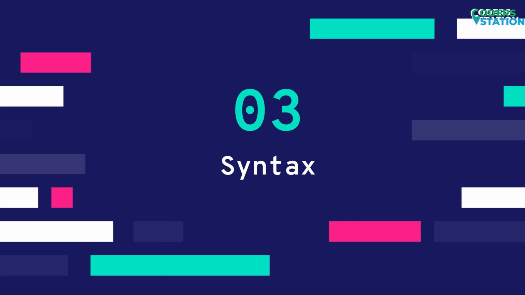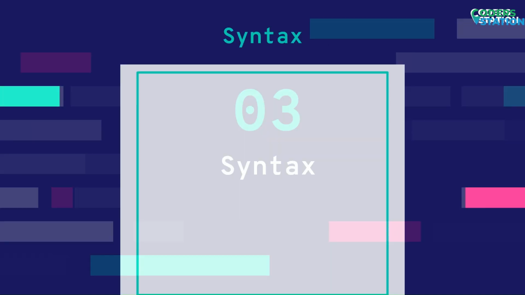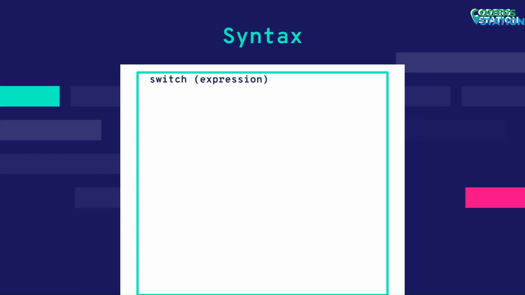Now we will see the syntax of our switch statement. So this is what I was talking about. There is an expression in a switch statement followed by the cases. Here I have written case 1. If case 1 is satisfied with the input, then we will execute the code inside the case 1 statement.